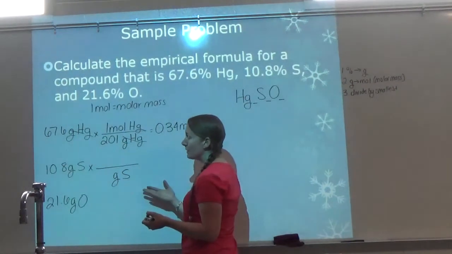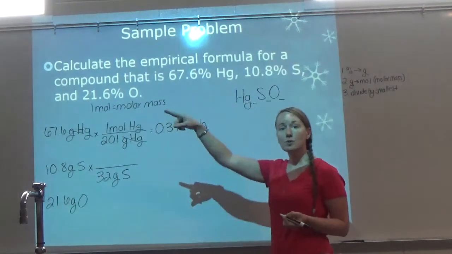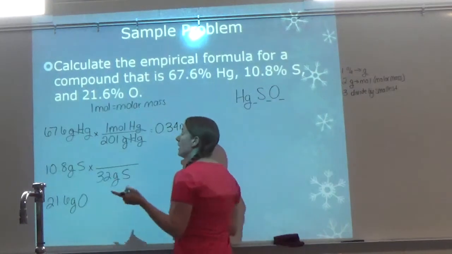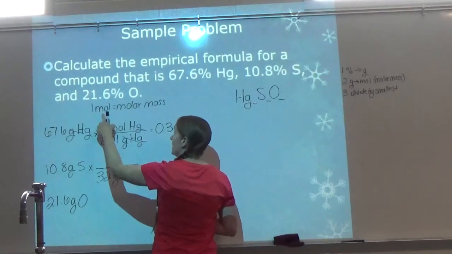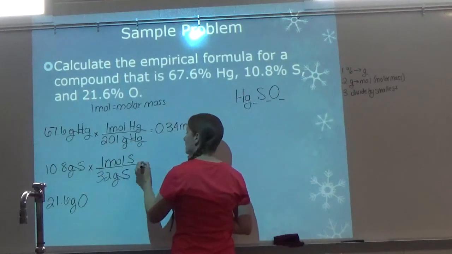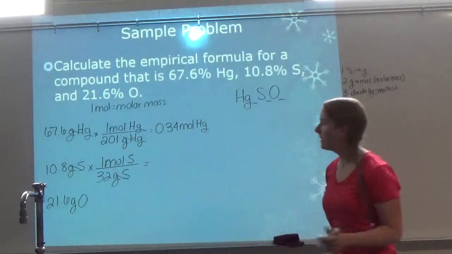We find the molar mass on the periodic table. Molar mass of sulfur is about 32. We're just pulling the atomic masses off the periodic table. Hopefully you have a periodic table up. The molar mass equals 1 mole of sulfur. So grams cancel. 10.8 divided by 32 gives me about 0.34.